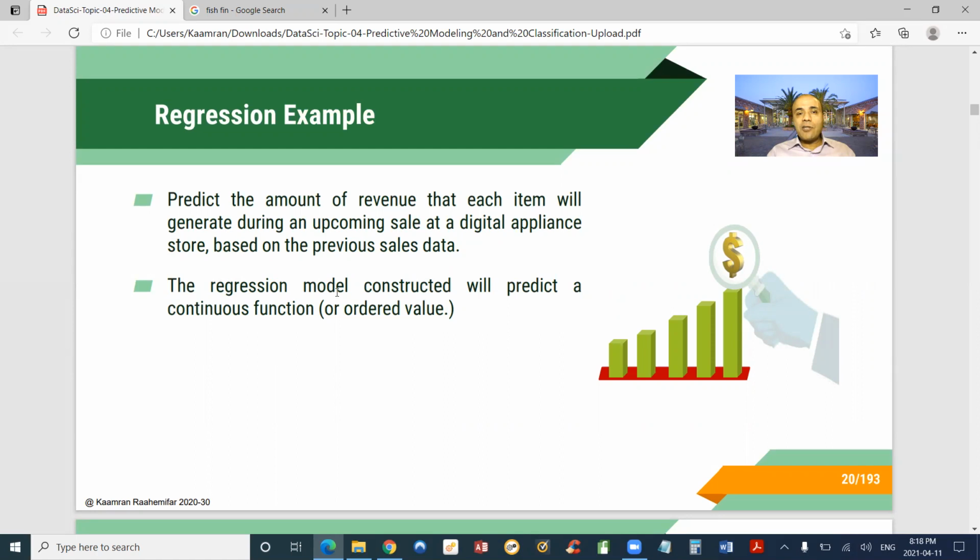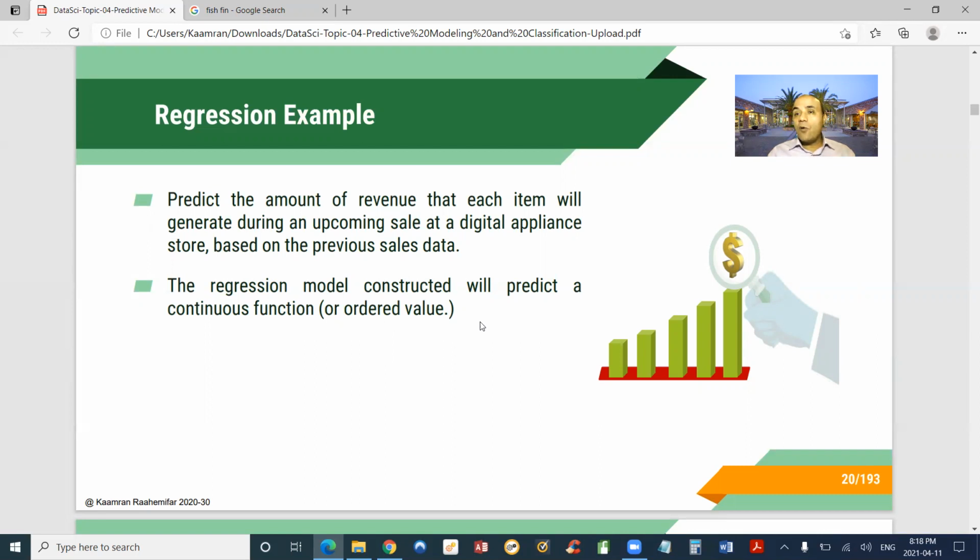So the regression model constructed will predict a continuous function or an ordered value for the future. How? Using the boundaries we have. Are you going to come into Walmart and buy an airplane? No, it's very unlikely. But obviously you're going to buy groceries and some necessities in kitchenware and everything else.